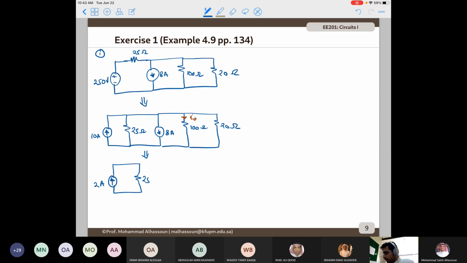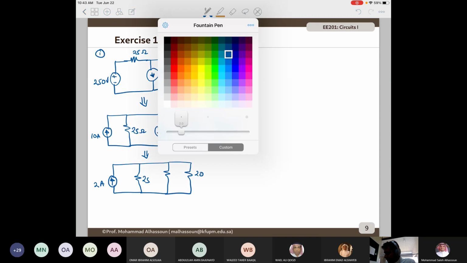So what I did here, I added the current sources. So we have 10 ampere going up, 8 ampere going down. So I added them. So it's going to be 2 amperes going up. And what you said is actually correct, but I want to make sure that you guys remember the current divider. Current divider, yes. So if I apply the current divider here, what should I get?